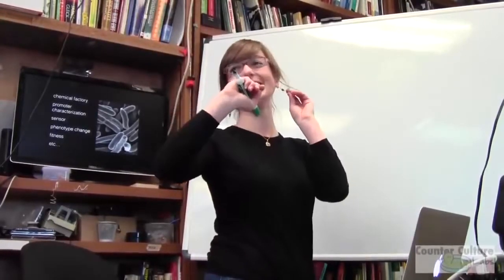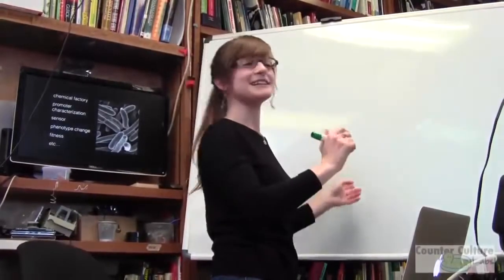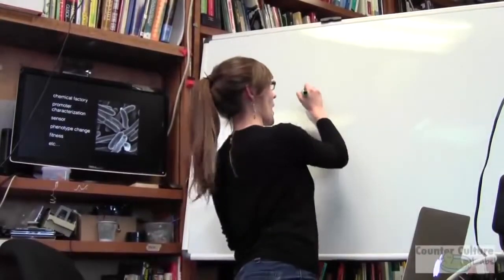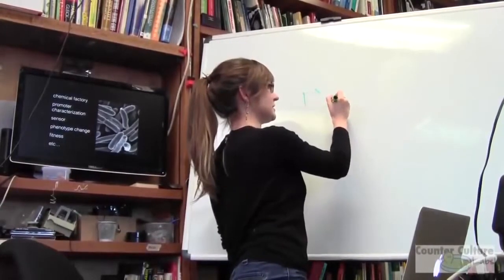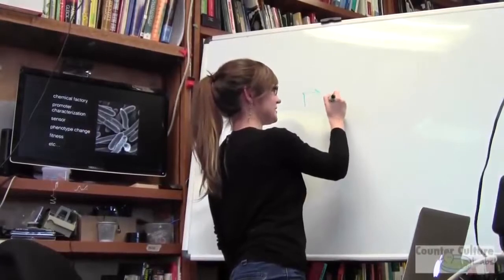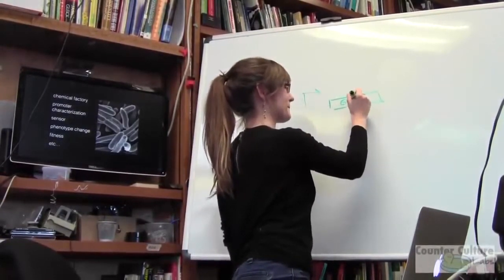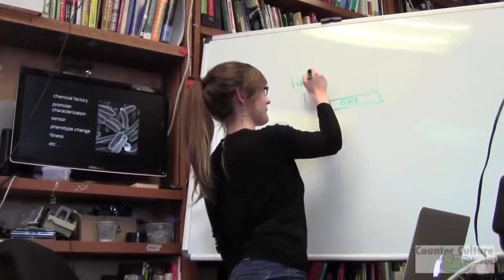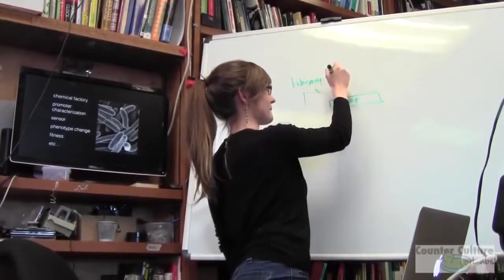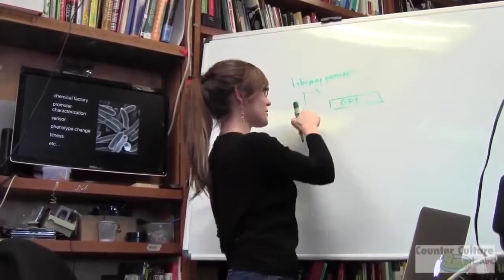Ben? So you have the second gene that does, say, GFP, for instance, that gets created, and you're assuming along with your gene of interest. Okay, so let's say you had a library of promoters.